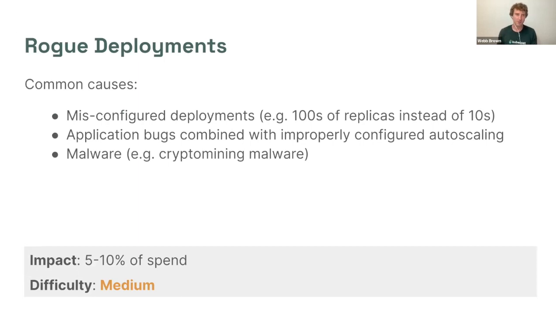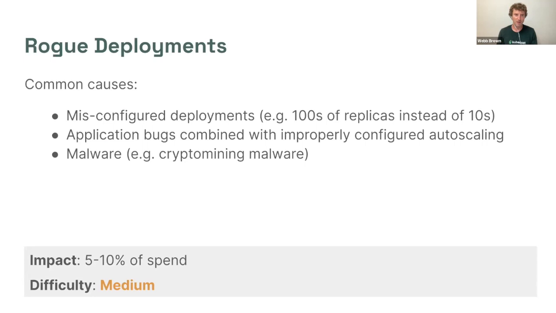This could be just accidental misconfigurations. So, accidentally asking for 100 or 1,000 replicas when really looking for 10. Application bugs that actually drive autoscaling, whether it's a misconfiguration in the autoscaler itself or at the application layer.